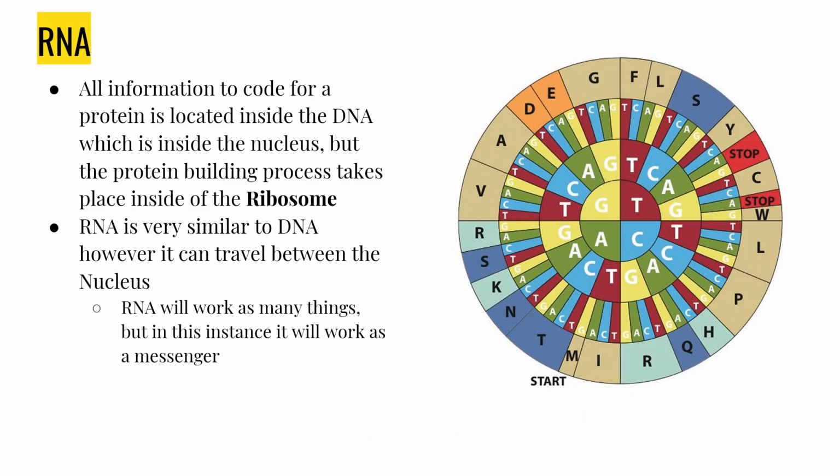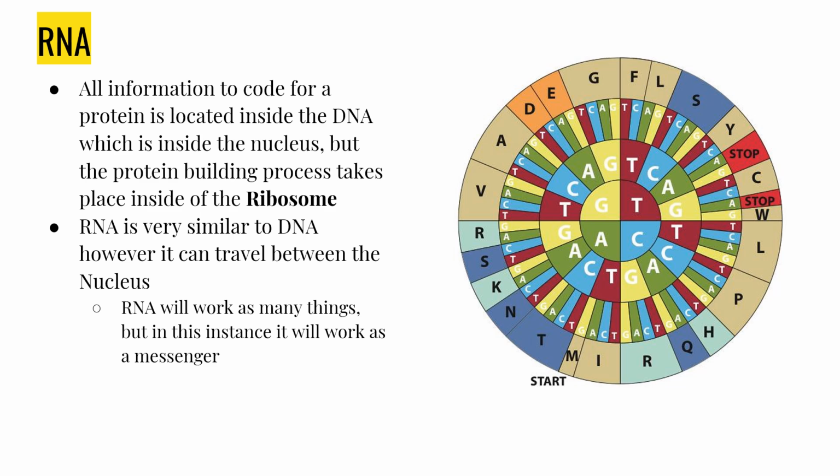Now RNA. All information to code for a protein is located inside the DNA, which is inside the nucleus. But the protein building process takes place inside the ribosome. RNA is very similar to DNA, however, it can travel out of the nucleus. RNA will work as many things, but in this instance, it will work as a messenger.